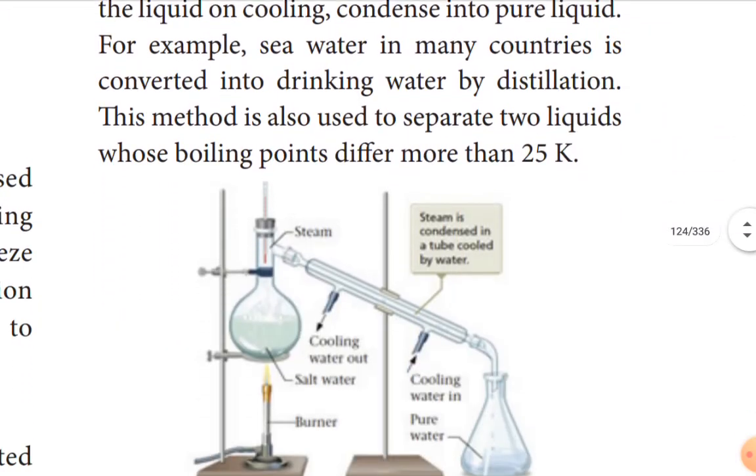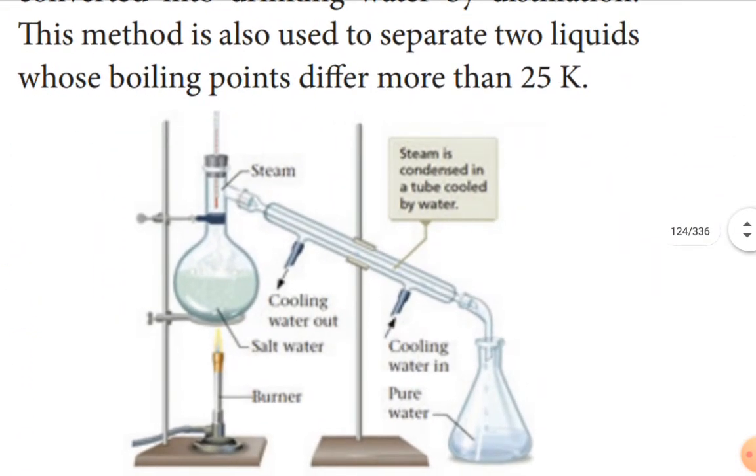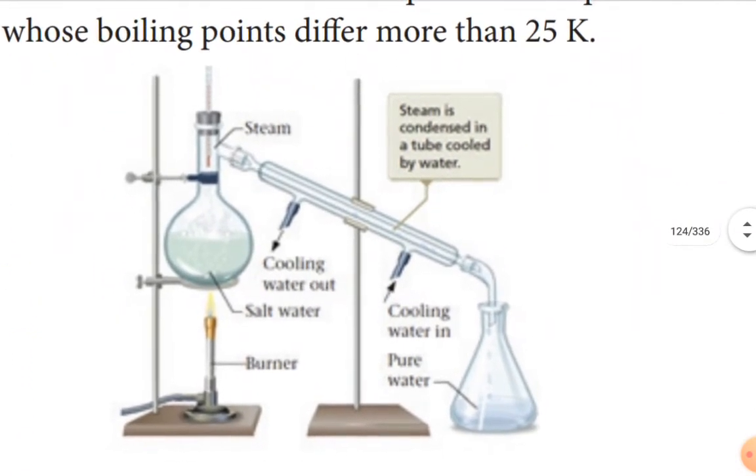Then see the diagram here. The round bottom flask is called the distillation flask. In that flask we are taking the salt water mixture, which is closed using a one-hole rubber cork. Through the one hole, a thermometer is kept, along by the side of the stem.